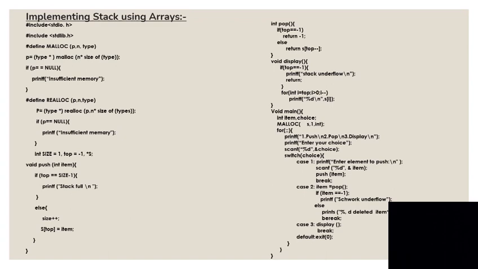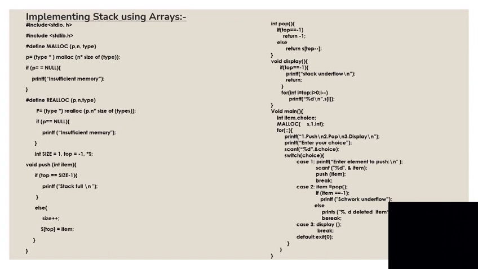In the pop function, we can see that there we are checking whether the stack is empty or not. To check whether the stack is empty, we are using the condition top equals minus 1. If top equals minus 1, then we can say that the stack is empty, so we cannot pop the item.